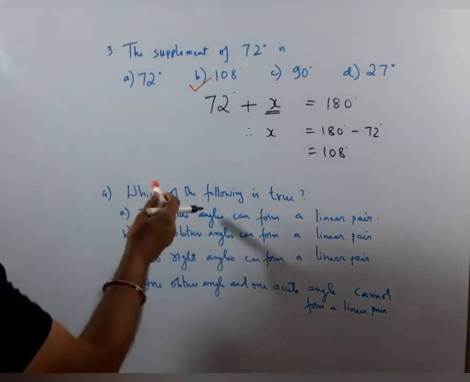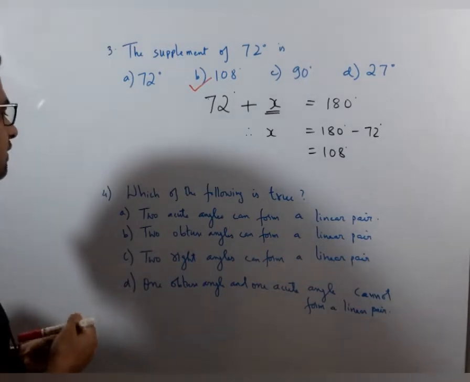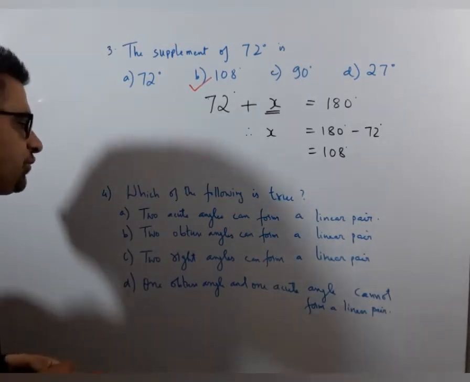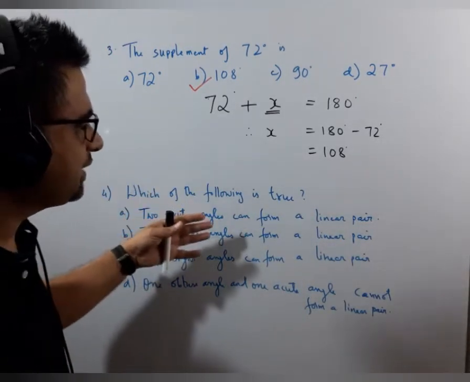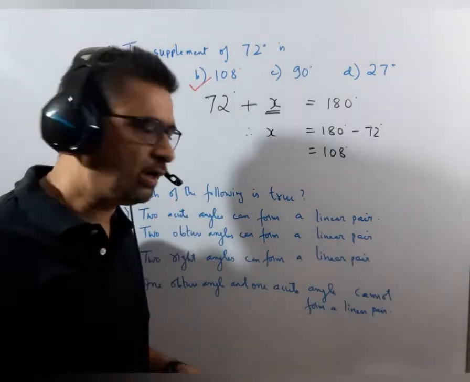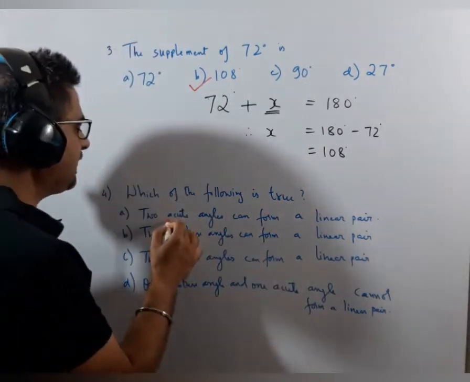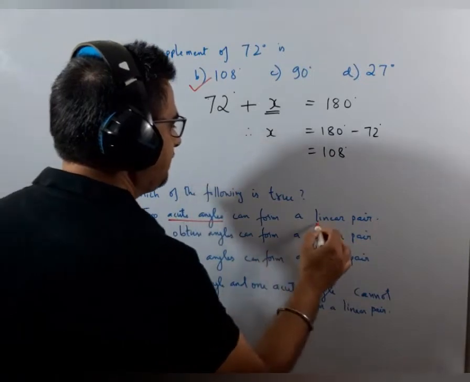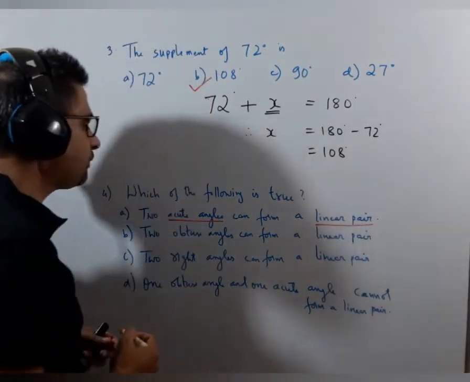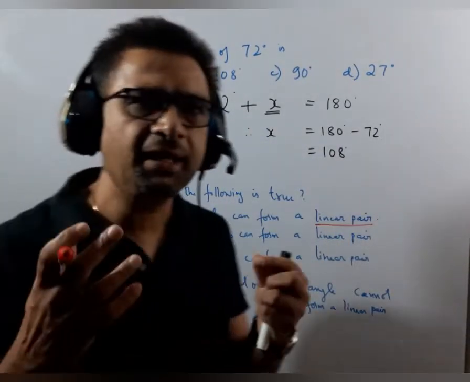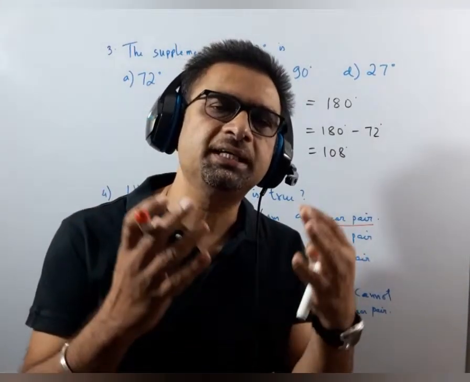Now let's look at the fourth question. Which of the following is true? Two acute angles can form a linear pair. Well, let us understand what acute angle and linear pair mean. Any angle is acute when it measures less than 90 degrees.